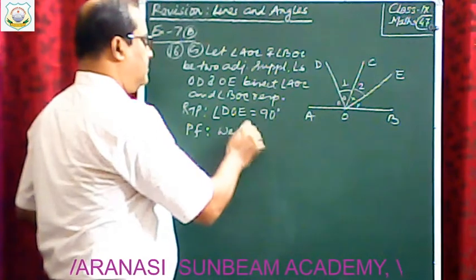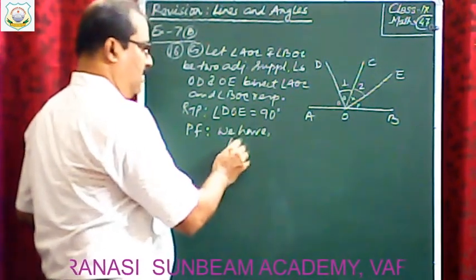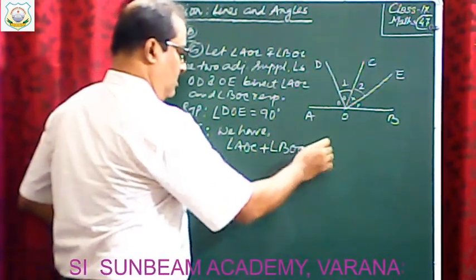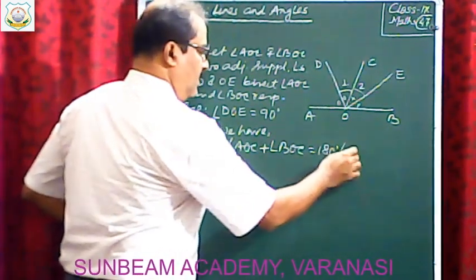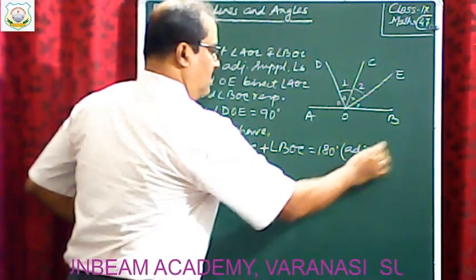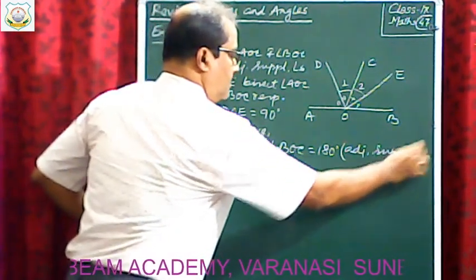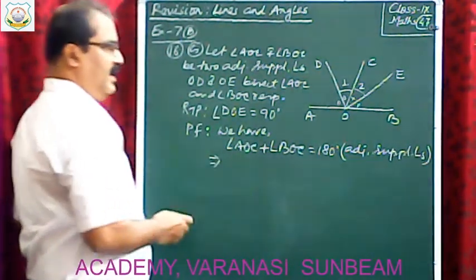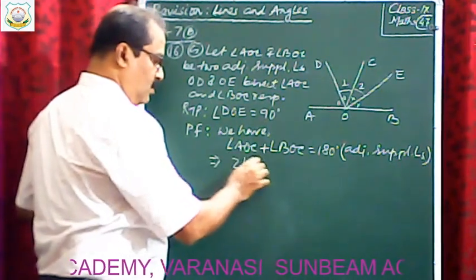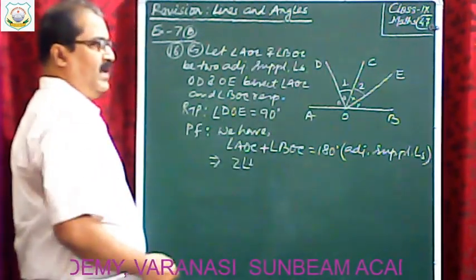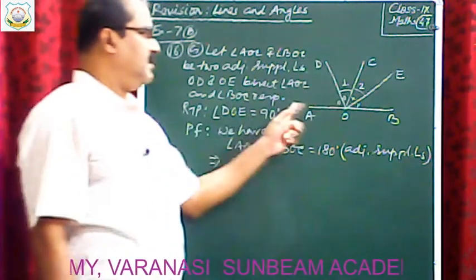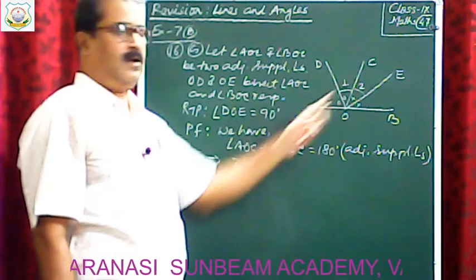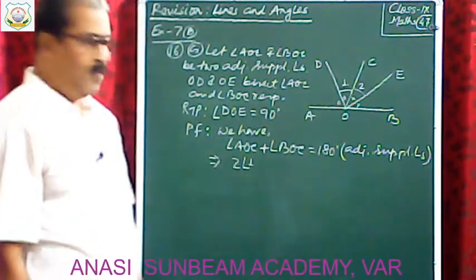We have angle AOC plus angle BOC equal to 180 degree, adjacent supplementary angles. Implies that in place of angle AOC, you have to write 2 angle 1 because OD is bisector of angle AOC. Then angle 1 is half of angle AOC, or angle AOC is double of angle 1.